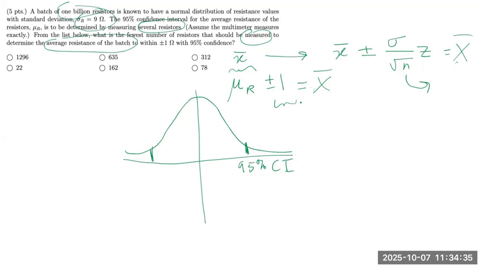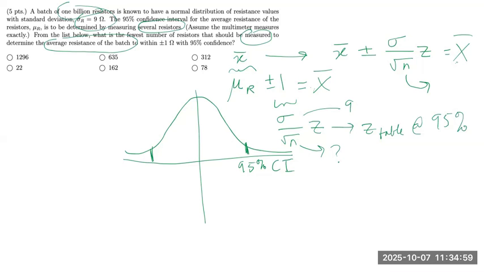So basically this portion over here corresponds to our sigma over root n times z. And sigma is given to be 9 ohms. And n is what we're trying to find. And z is the z from the z table at 95% confidence.